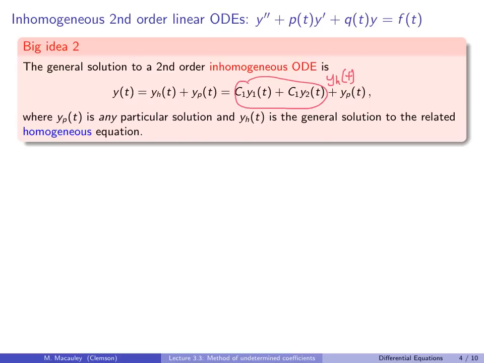take the general solution. So let's say, okay, so why is this true? Let's consider y of t, the general solution, minus yp of t.